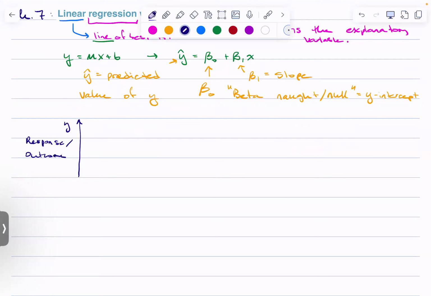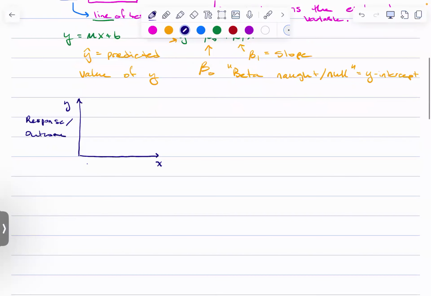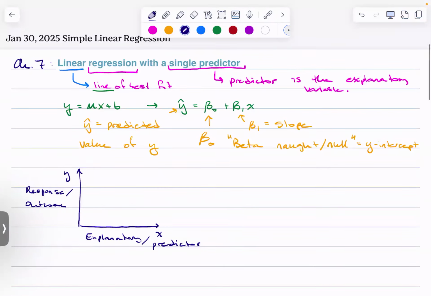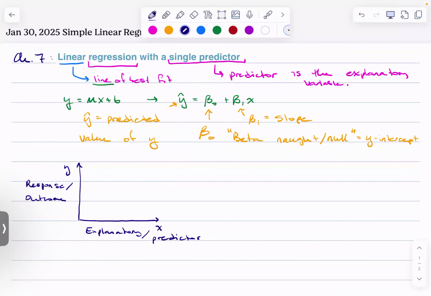It's the thing we want to predict against x, which is the explanatory variable or the predictor. So we try to use the predictors and incorporate the predictors to try to predict y.